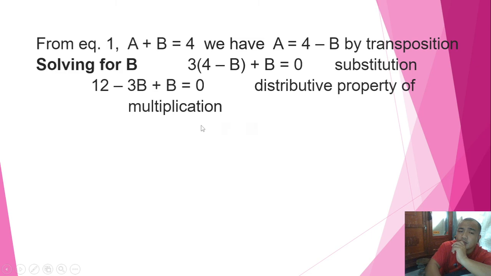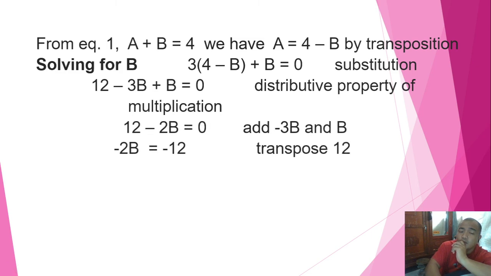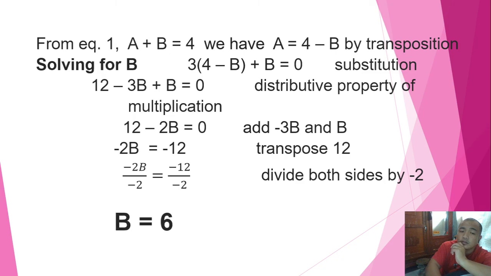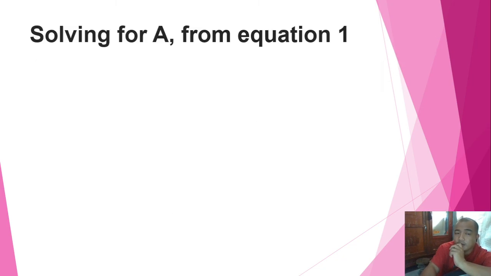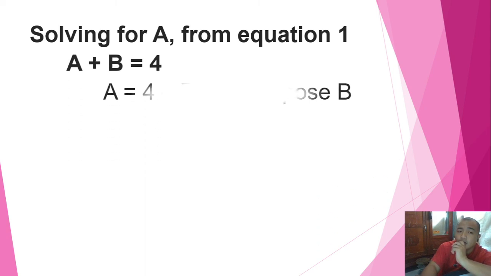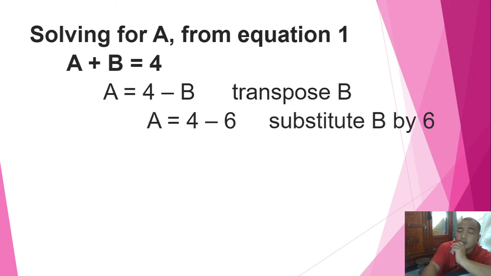Negative 3b plus b is negative 2b. Then negative 2b equals negative 12. Divide both sides by negative 2. Therefore, b equals 6. Then what is now the value of a? Solving for a, from equation 1, a plus b equals 4, or a equals 4 minus b. 4 minus 6.